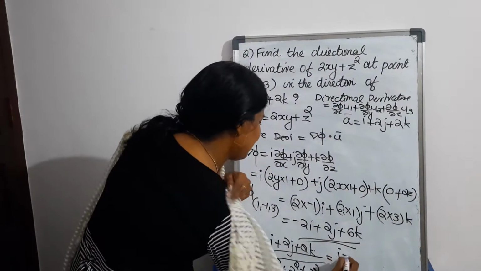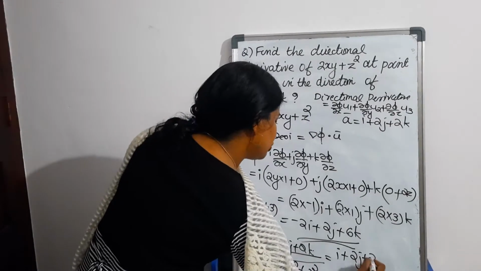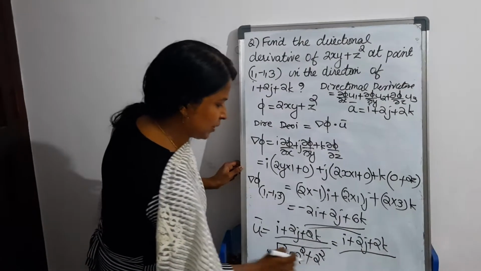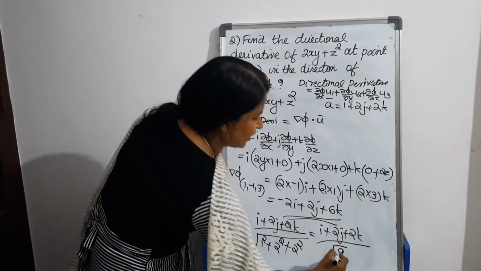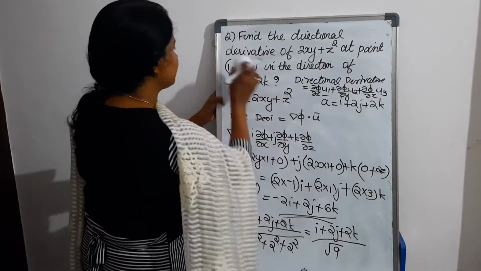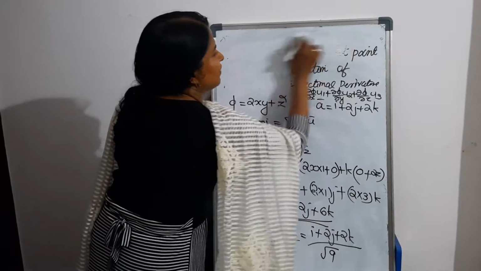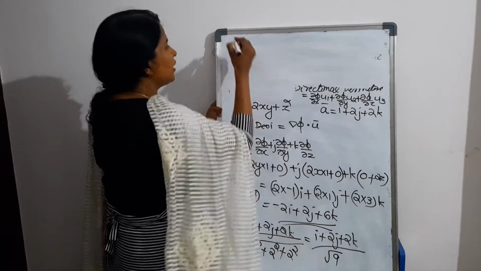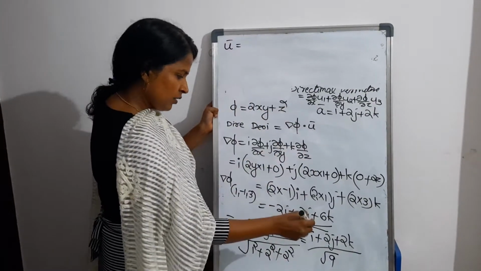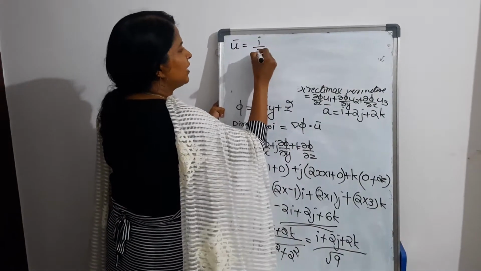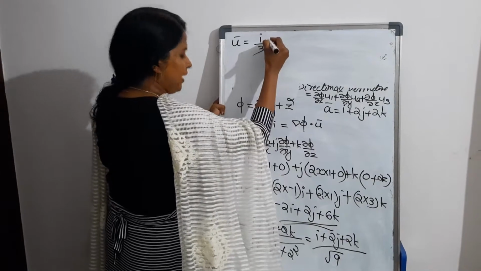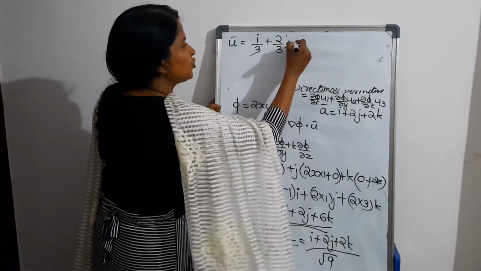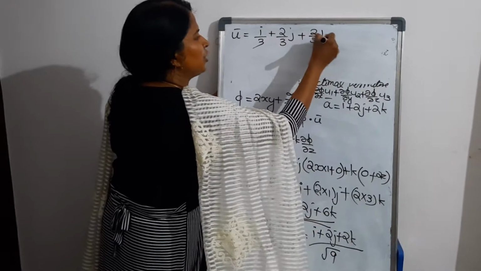That is i plus 2j plus 2k divided by root of 1 plus 4 plus 4, that is 9, root 9, which is 3. So the unit vector is i by 3 plus 2 by 3 j plus 2 by 3 k. This is the unit vector.